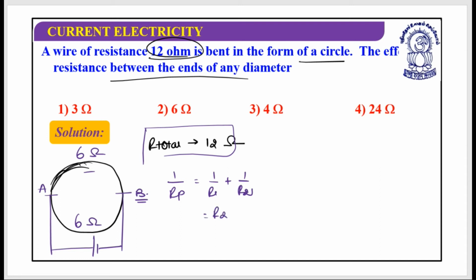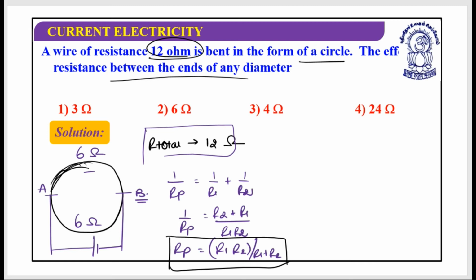This is equal to R2 plus R1 divided by R1 into R2, so Rp can be written as R1 R2 divided by R1 plus R2. Please remember this. This will help us. This is very, very important.